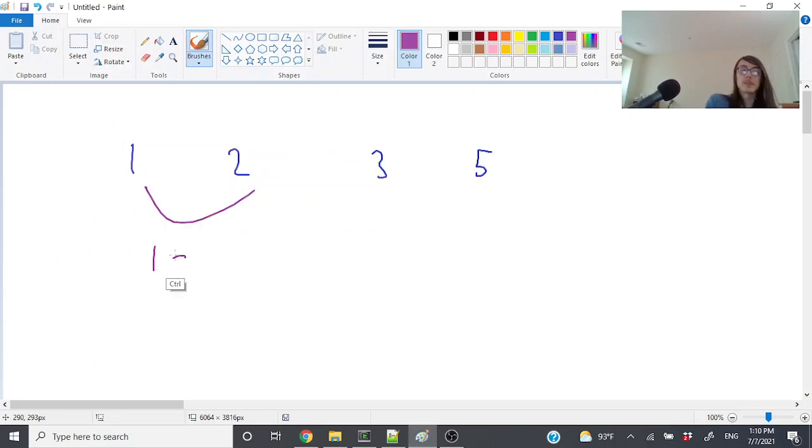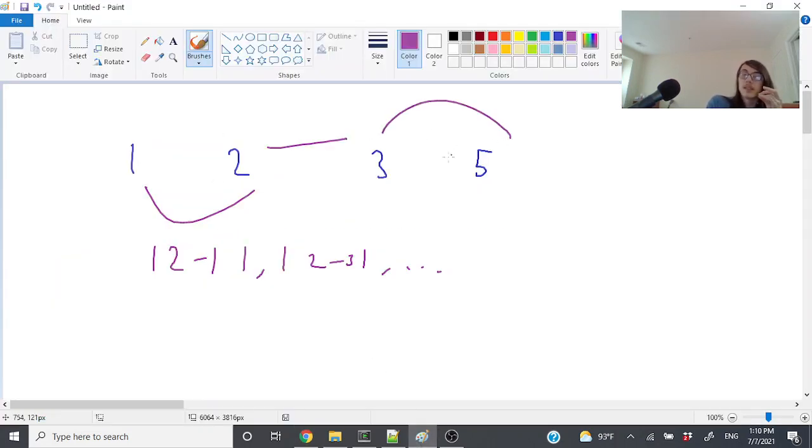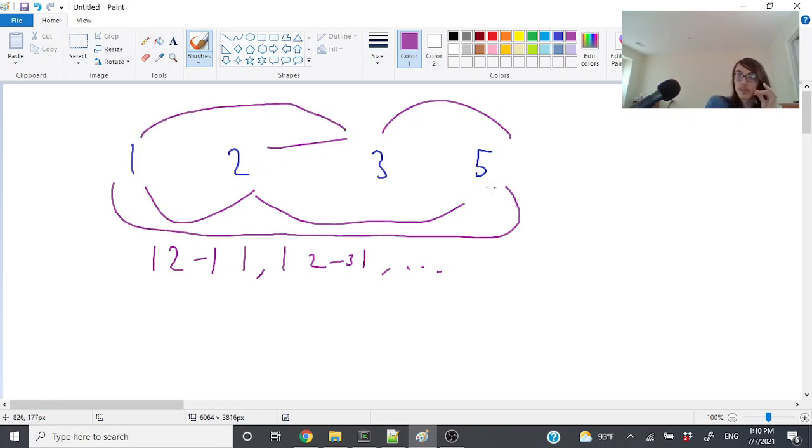So this is, for example, absolute difference of 2 minus 1. This is absolute difference of 2 minus 3, etc. And then the answer is the sum of the absolute differences of all of the pairs we can get from the array. So in this case, it's a lot.